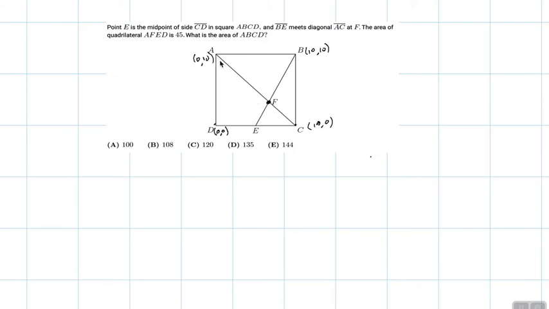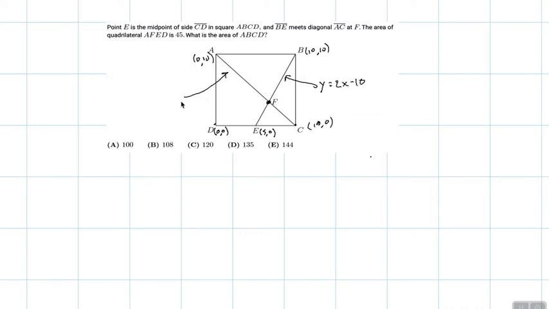So the equation for this line is going to be y equals, this is the point 5, 0. So therefore, the equation of this line is going to be y equals 2x minus 10.